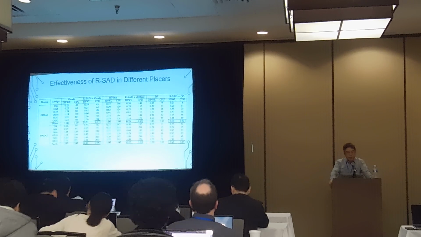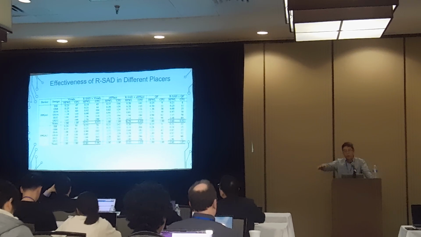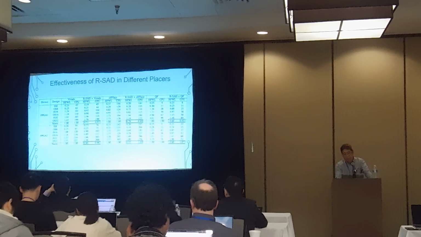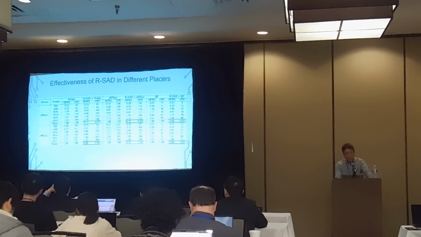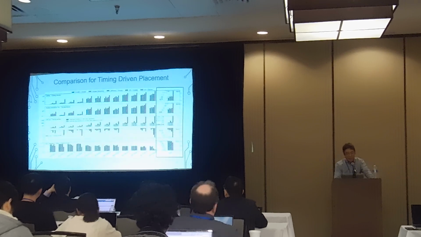We can reduce the wirelength by 20%. In the middle and right columns we compare with other methods, and we can also reduce 20% to 40%. That is quite significant, because we're customizing, so this is the approach.